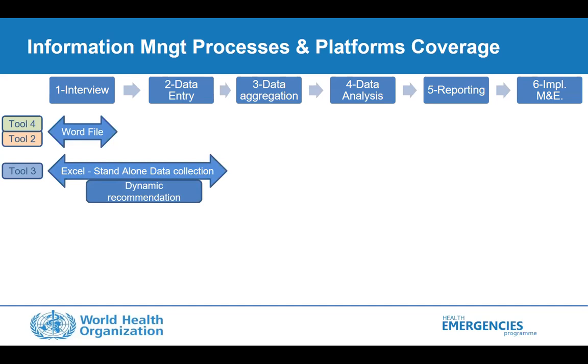Not only do we have the ability to respond to some of the questions, but we can also have some dynamic recommendation from it. As you can see at the end of the question, when Ebeth presented the tool 3, we have the chart, we have the graphics, which allows us really to have very immediate conclusions about the recommendation that can be made once you fill in the various questions.